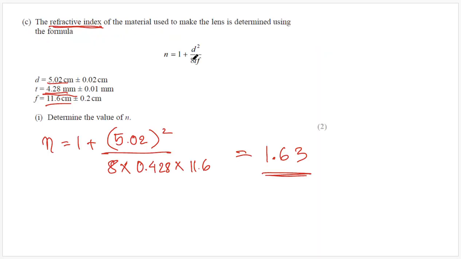The next part asks you to determine the percentage uncertainty in N. So for this, let me bring the values from the previous part of the question.